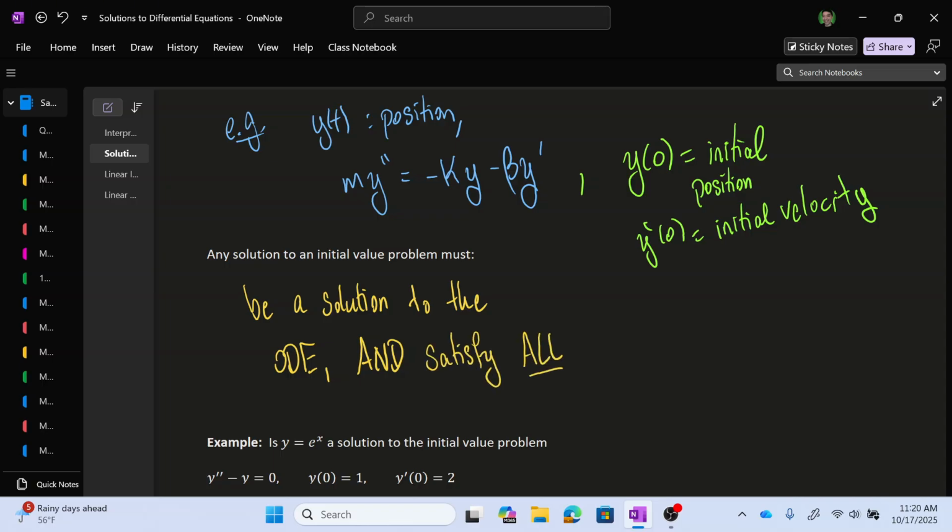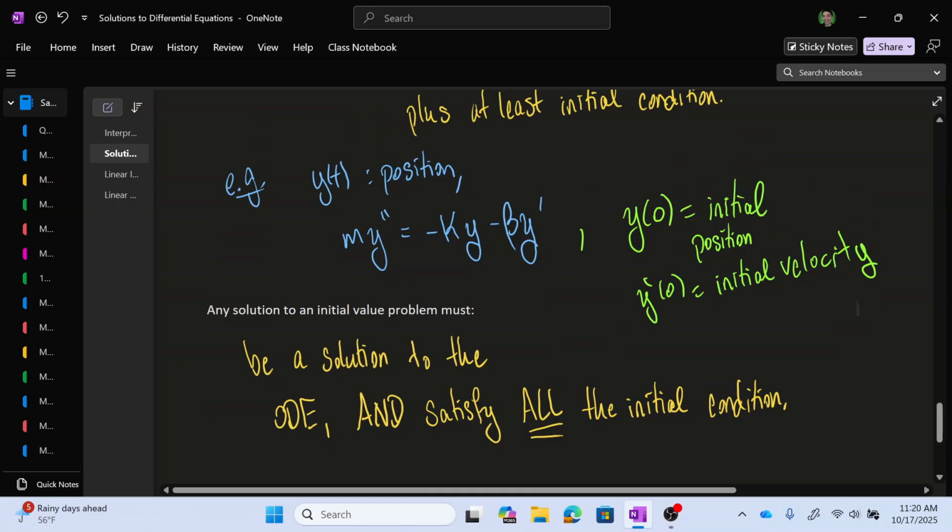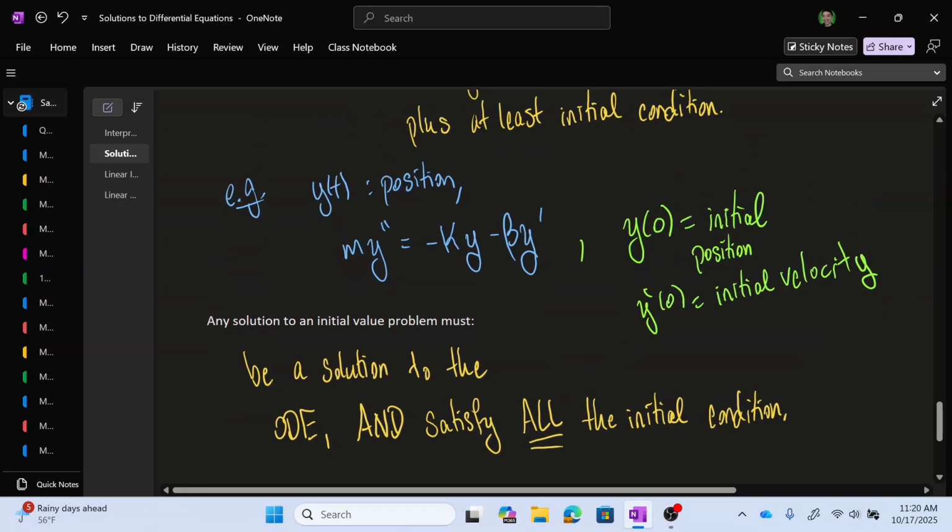It must satisfy all the initial conditions. When you're talking about an initial value problem, any solution to such a problem must satisfy all the criteria that are given. If even a single one fails, your solution is not viable.